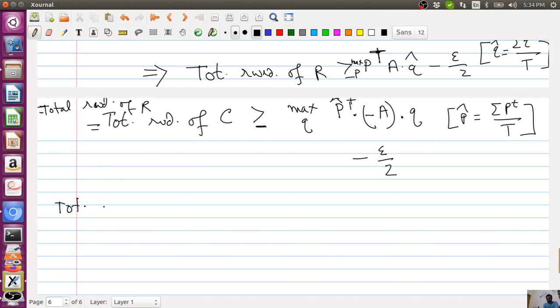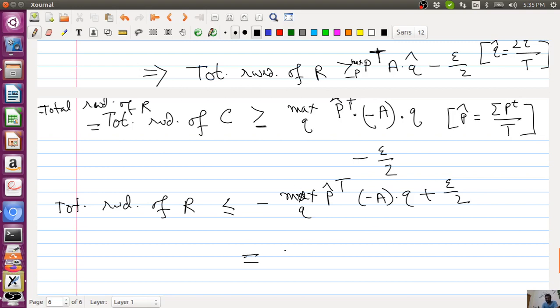So you get total reward of R is less than or equal to minus max over Q of P hat transpose times minus A Q, plus epsilon over 2, which is equal to, just verify, min over Q of P hat transpose A Q plus epsilon over 2. Call this equation 2, and call the previous one equation 1.